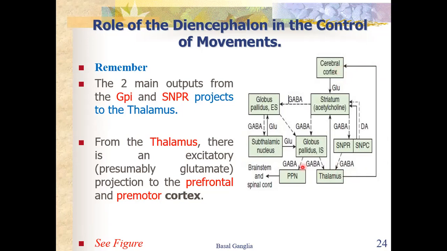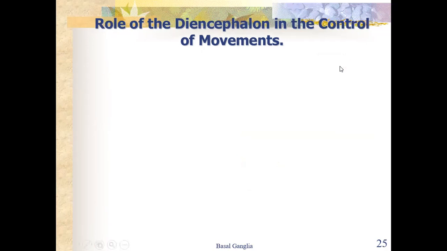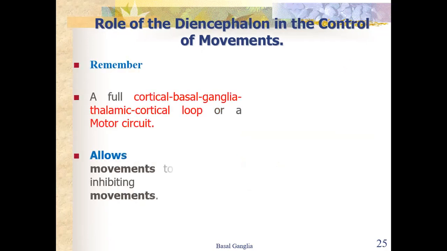So you see, the two main outputs are inhibitory to the thalamus, and the main output from the thalamus to the motor cortex is excitatory. That is the role of the diencephalon in the control of movements, okay? So now, what is the function or the significance of that pathway, of that connection?